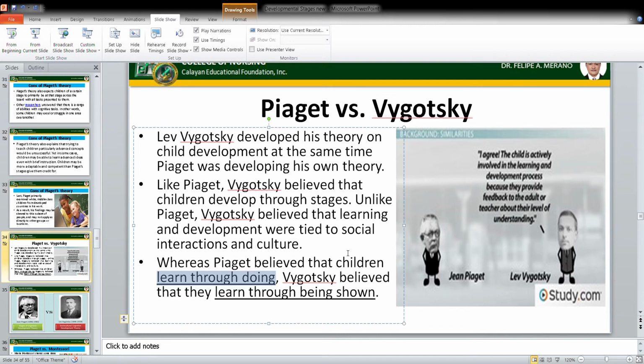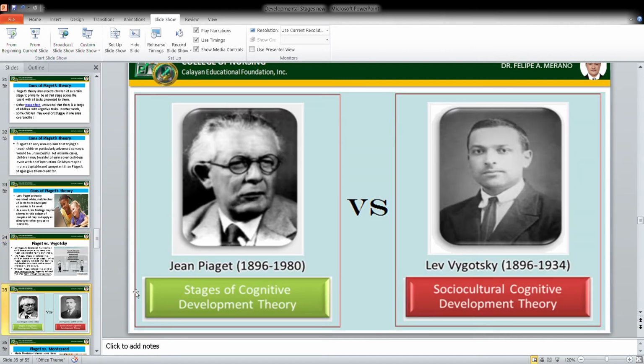In nursing, we apply both: learn through being shown and learn through doing. So here is the originator of those concepts. Jean Piaget is more on the stages of cognitive development theory, while Lev Vygotsky is more on socio-cultural cognitive development theory.